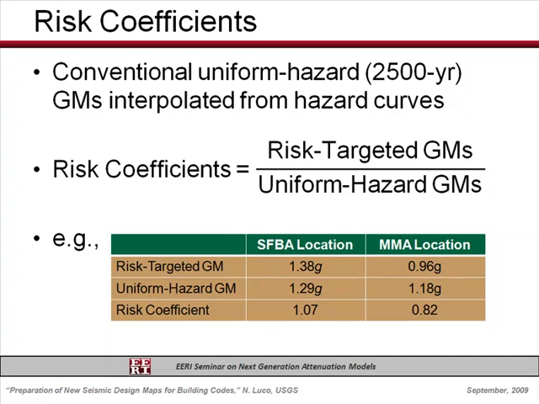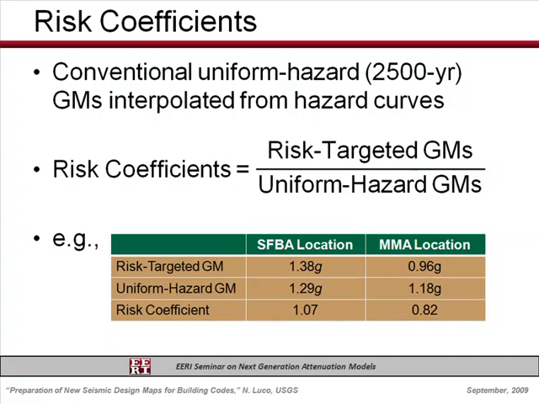As I showed in an earlier slide, and Yusuf also went over, the conventional uniform hazard 2,500-year ground motions are interpolated from the hazard curves that we get from USGS, but in a site-specific procedure this would be done for your particular site. And we define the risk coefficient as the ratio of a risk-targeted ground motion to this uniform hazard ground motion.